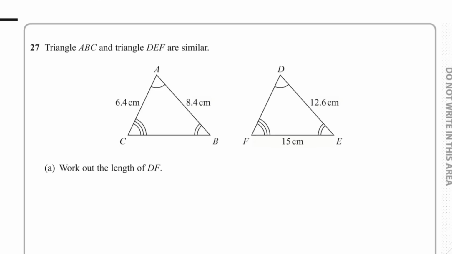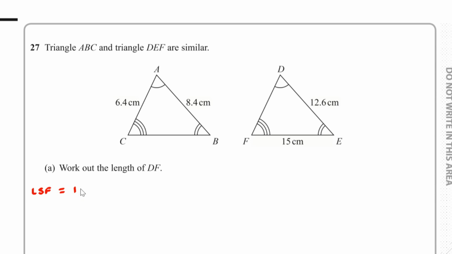Question number 27. Triangle ABC and triangle DEF are similar, and what we have to do is work out the length of DF. Well, what we can do is recognize that AB corresponds with DE, and with this we can find out the length scale factor.